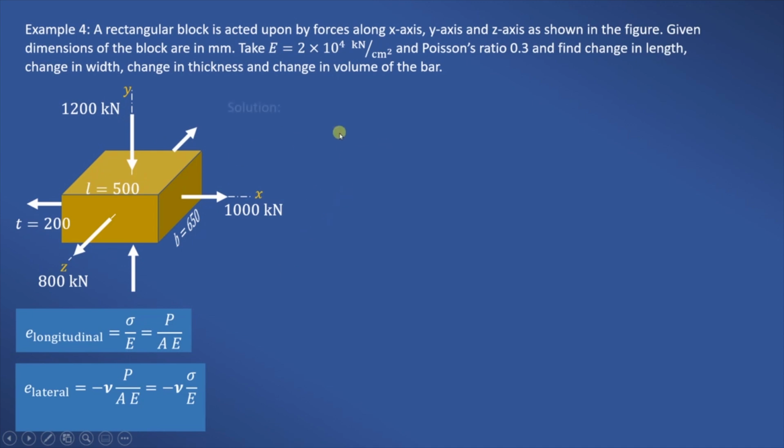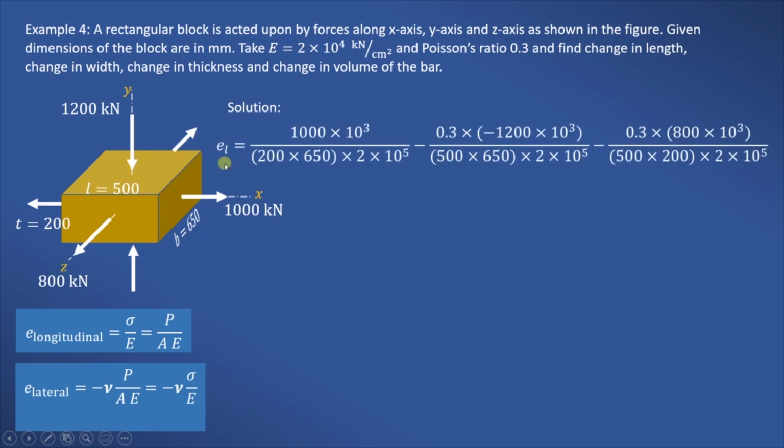Now try to understand. Strain in length is P upon AE. Length is given as 500 millimeter. So because of 1000 kilonewton load, strain in length is longitudinal strain, and longitudinal strain is P upon AE. What is area?